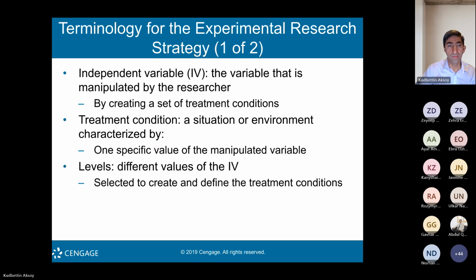So, I'll talk a little more about these other variables in a minute. The independent variable is the variable that is manipulated by the researcher by creating a set of treatment conditions. Now realize that in correlational studies, it's not smart to talk about an independent variable. In correlational design, we don't manipulate any.